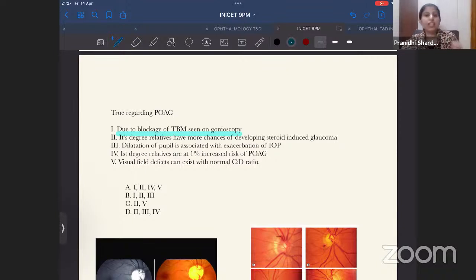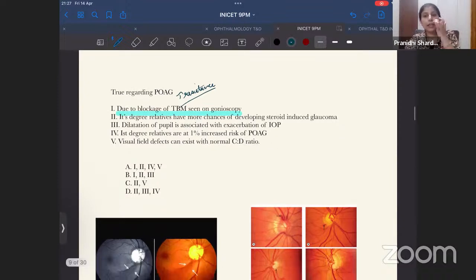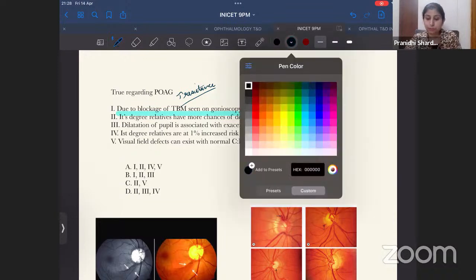There is no blockage in the trabecular meshwork. There is just an increase in the resistance of flow through the trabecular meshwork, but not due to blockage. In gonioscopy, we are not going to see any kind of blockage in primary open angle glaucoma. This is a wrong statement.